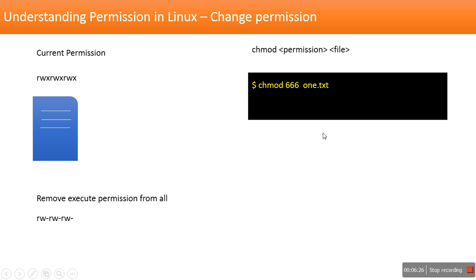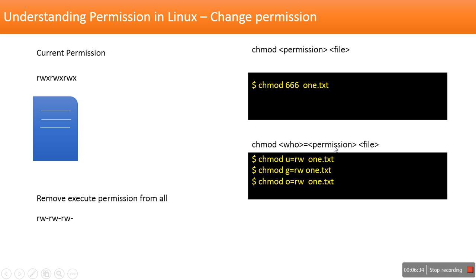So we can execute this command: chmod 666 1.txt. Another way is to use this syntax. We can write chmod u equal to rw, g equal to rw, o equal to rw. Since we have the same rw for all, we can write it in a single line: chmod ugo equal to rw.